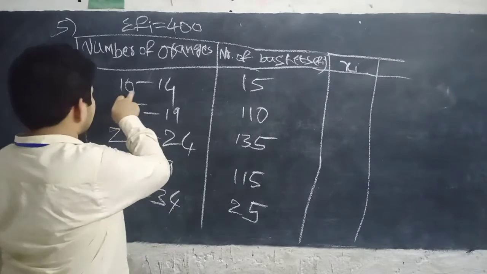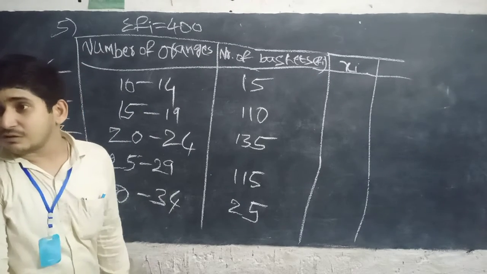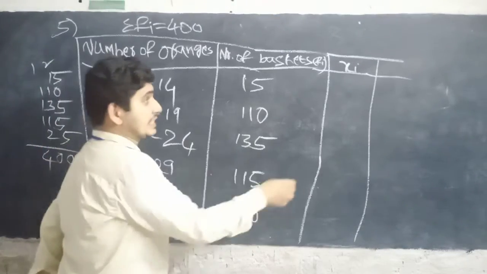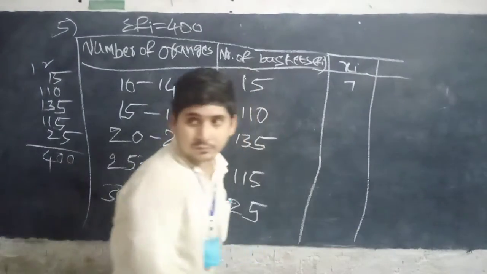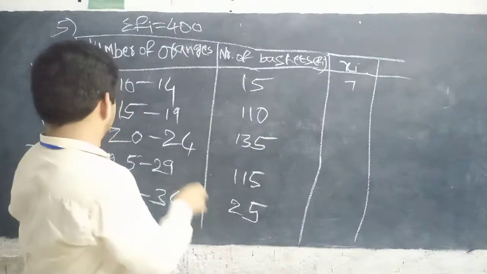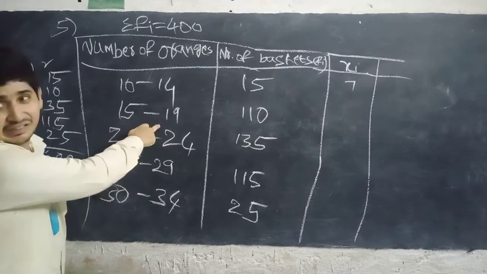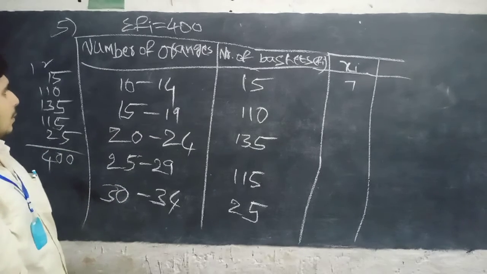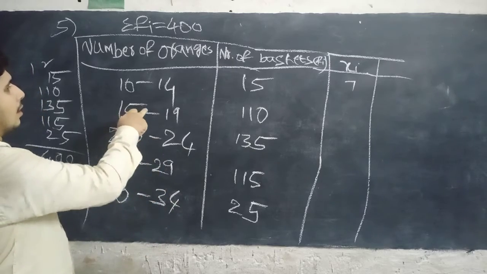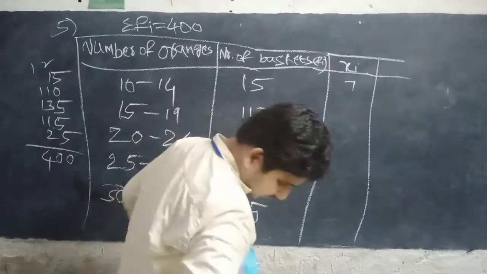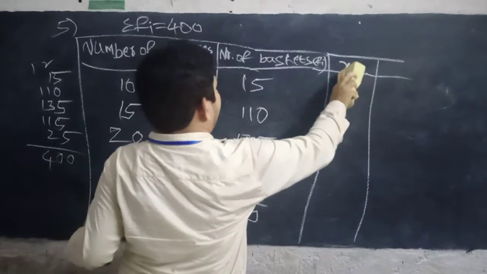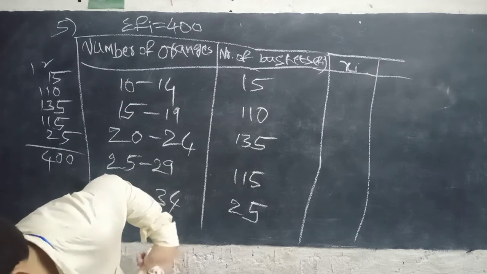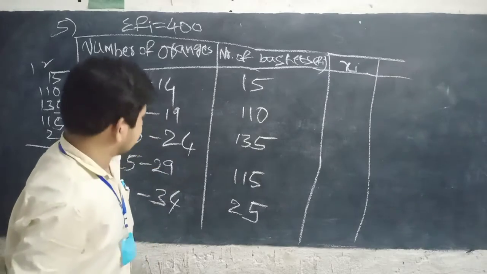Now, 14 by 2, 7. Now 15 with 19, 34. 34 by 2, 17.